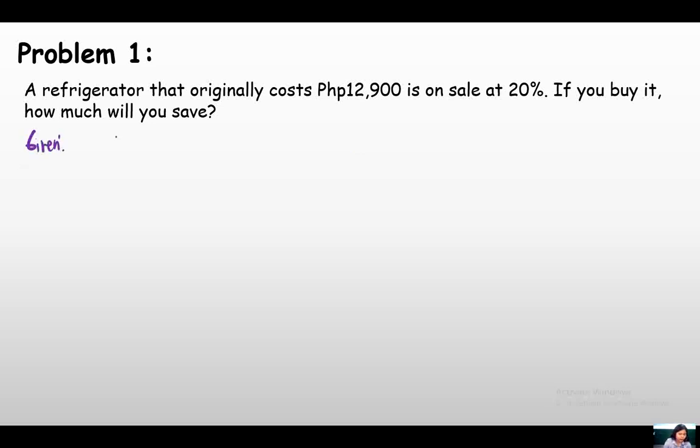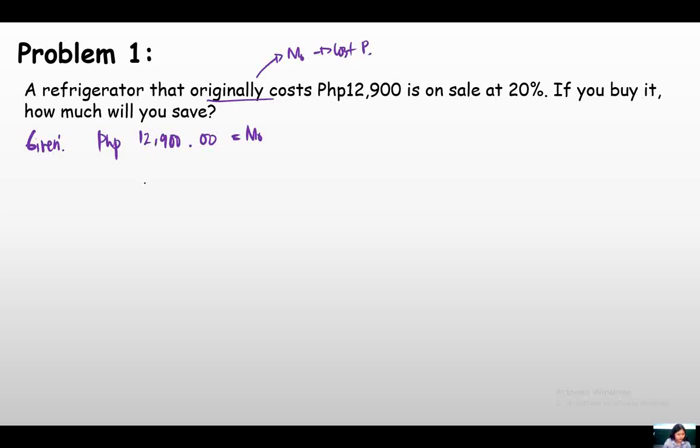We have 12,900 pesos. What is this? This is the original cost or price, so this is our M sub O, where M sub O is the cost price.